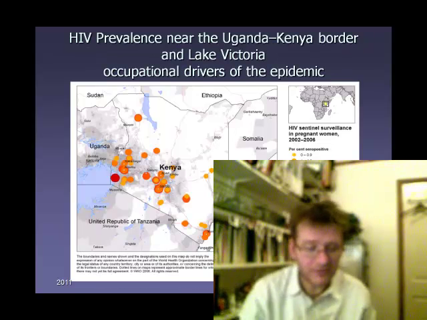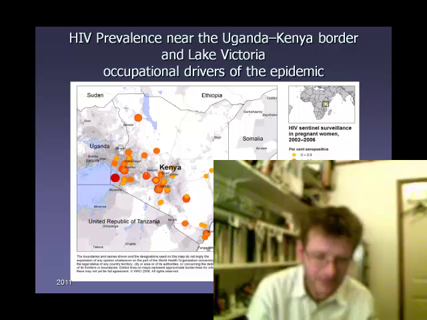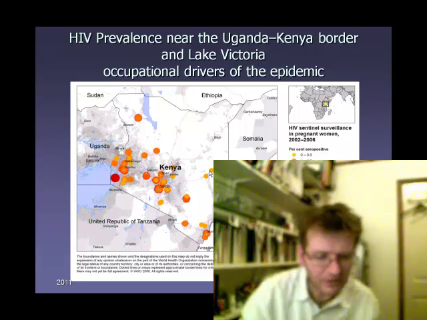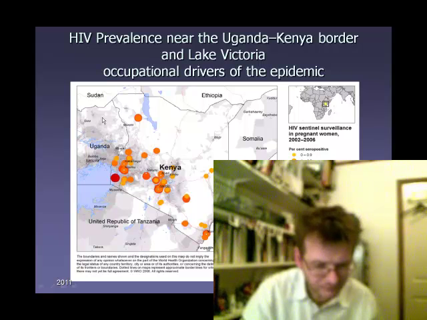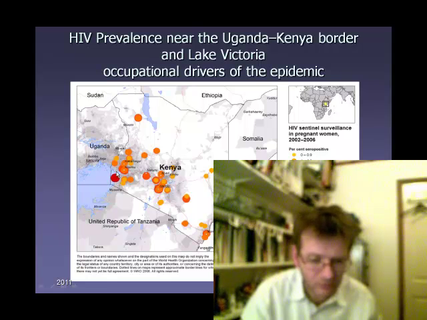Now, if we look at this map of Kenya, you can see Uganda there as well. And again, we can see Lake Victoria here and Uganda here. And here's Tororo, that's the orange circle here. And then just further south, along the coast, amongst the fishing communities here, HIV prevalence is very high.